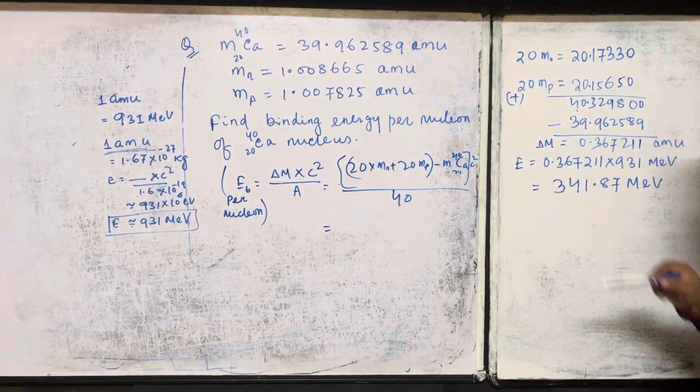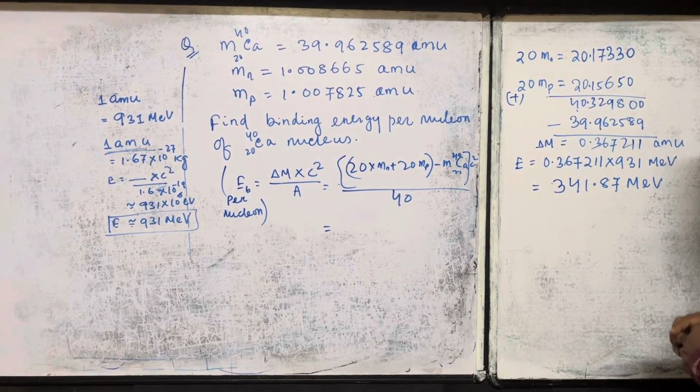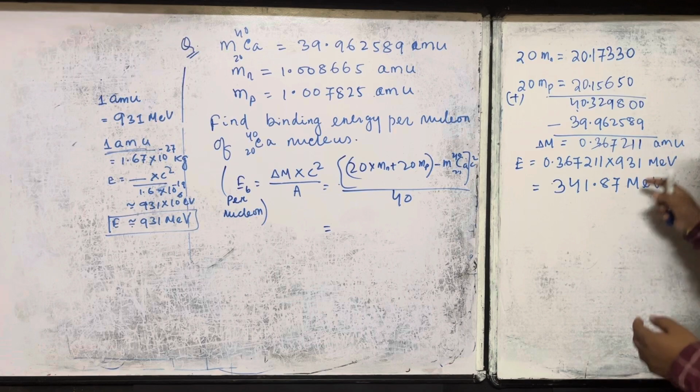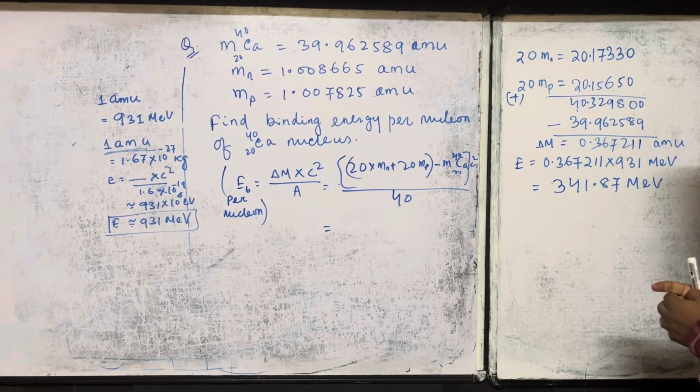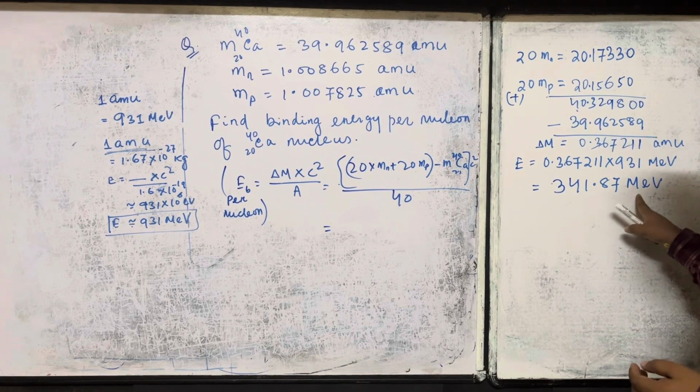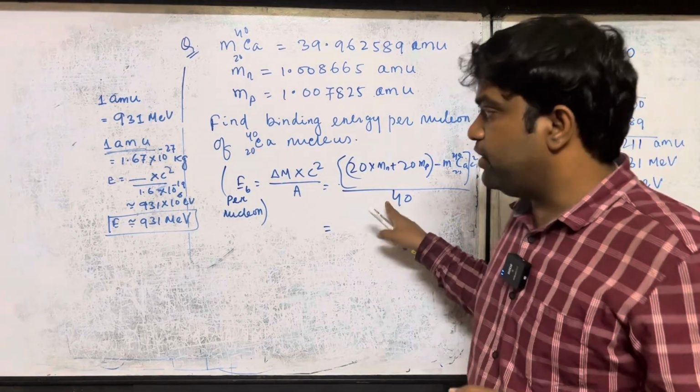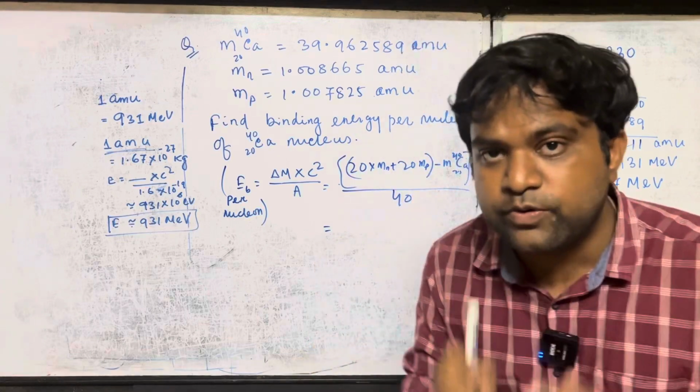So we are multiplying by 931 to convert this AMU to energy, right? By multiplying c square we get this number. Then this MeV we have to divide, since we are supposed to find the binding energy per nucleon.